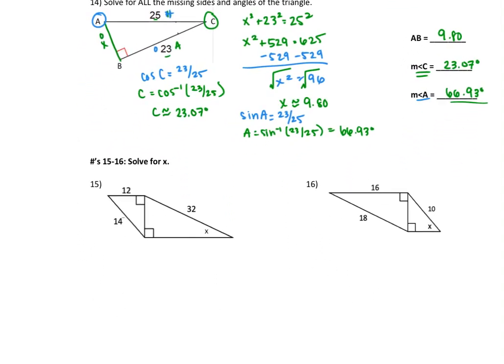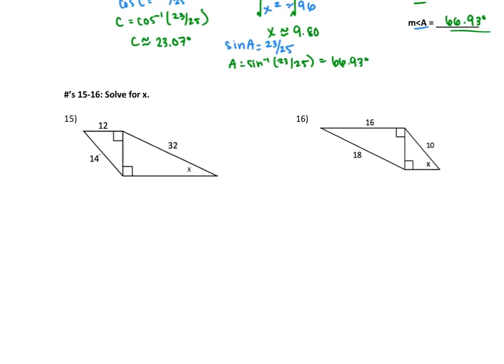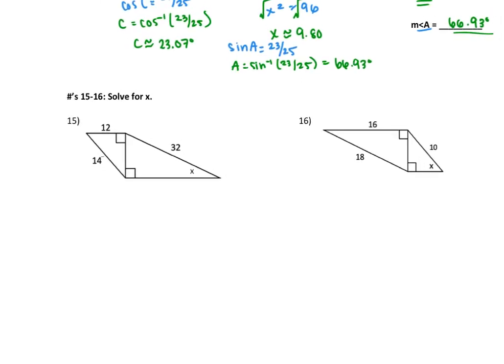All right, so last two, number 15. This is a multi-step problem, but for this one we're solving for angle. So what we're going to do is first solve for the shared side, and we're just going to use Pythagorean theorem. So I'm going to call that y. So using Pythagorean theorem, it's going to be 12 squared plus y squared equals 14 squared.